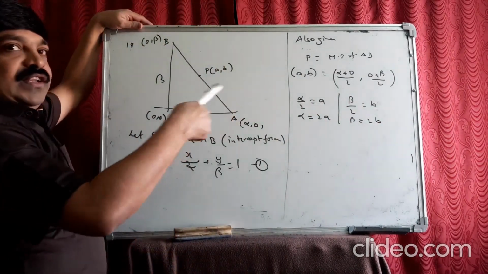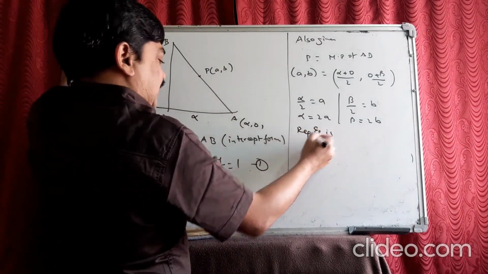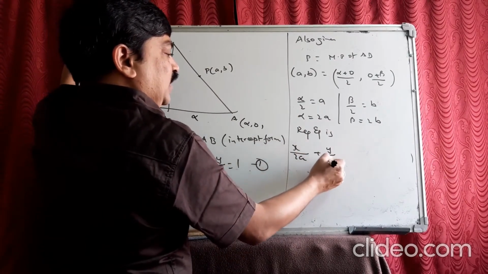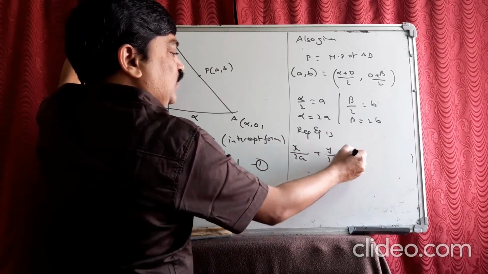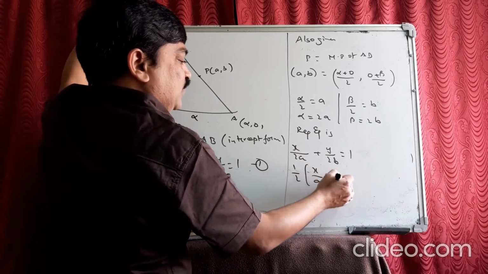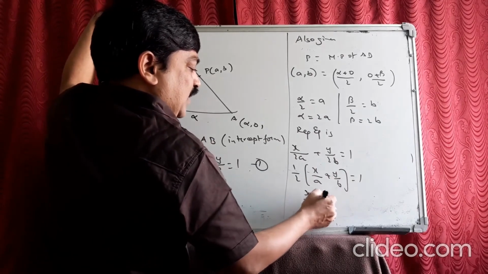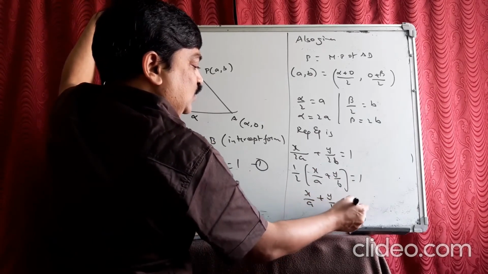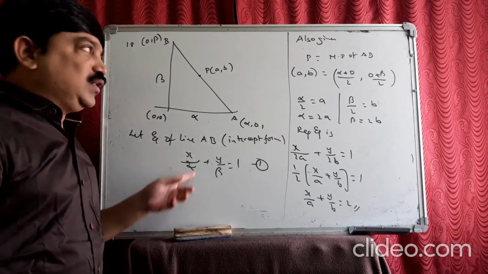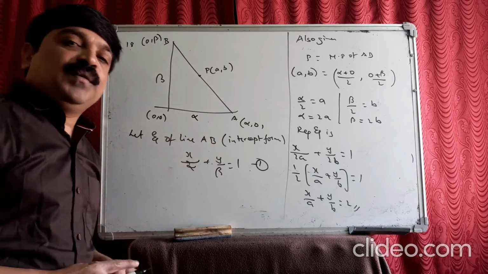Therefore the required equation is x/(2a) + y/(2b) = 1. Take 1/2 common, it becomes x/a + y/b = 1/2... taking 2 to the other side, x/a + y/b = 2. You should remember that we are not supposed to take (a, b) as the intercepts here, because (a, b) is already given as the midpoint of AB.